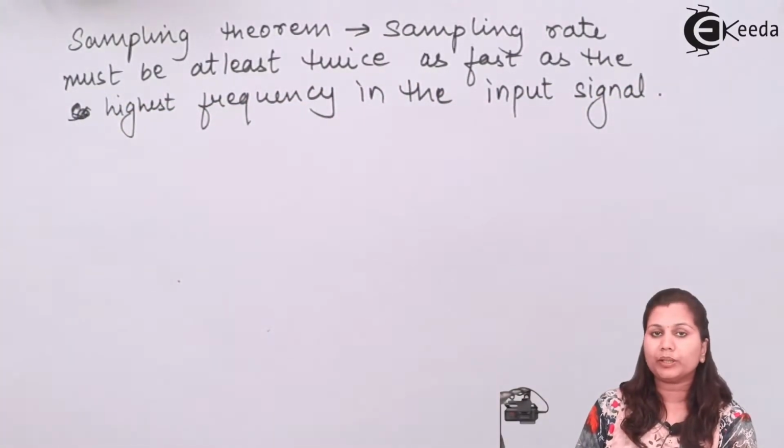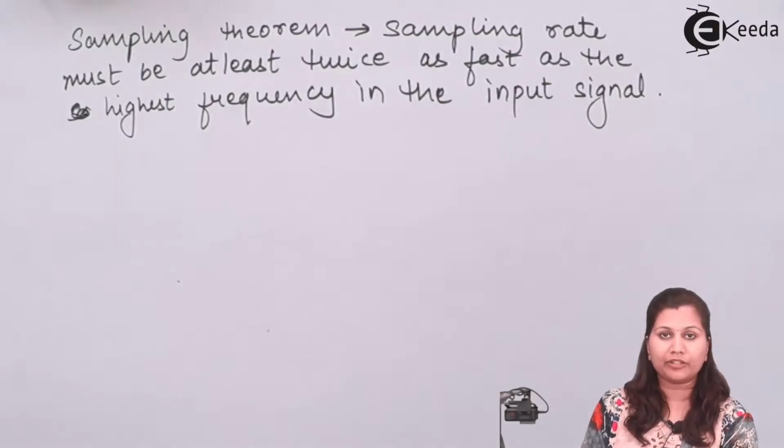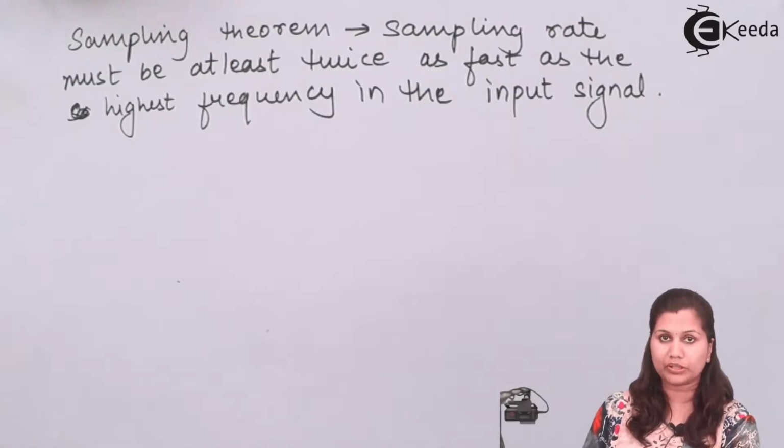So the sampling theorem says that the sampling rate should be at least greater than twice the highest frequency present in the input signal.